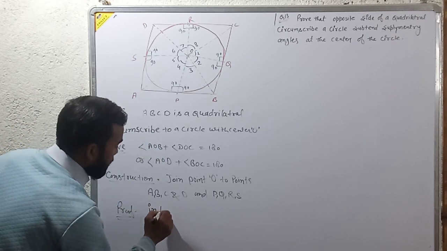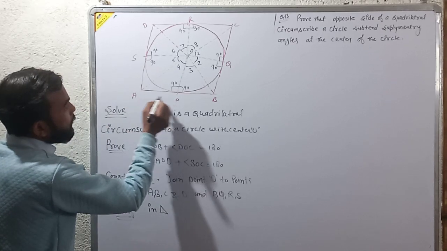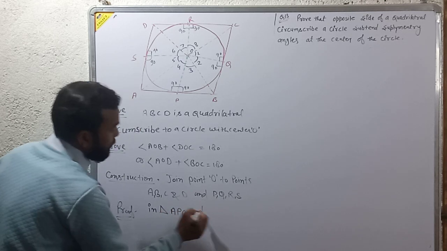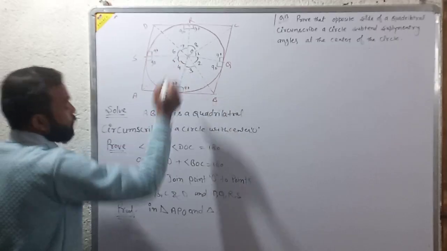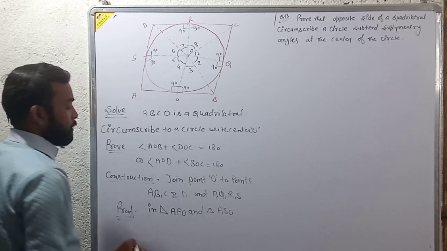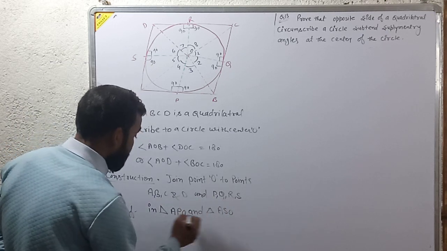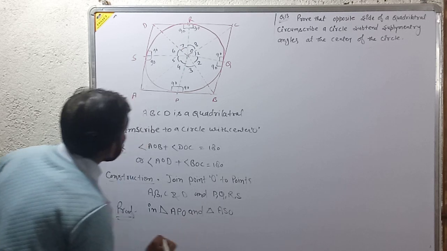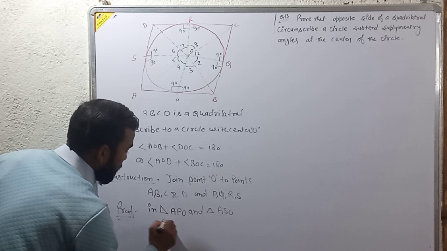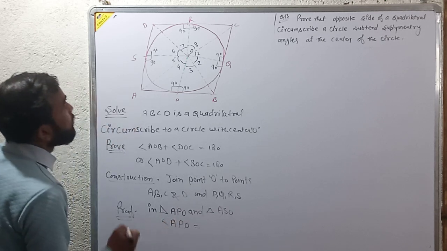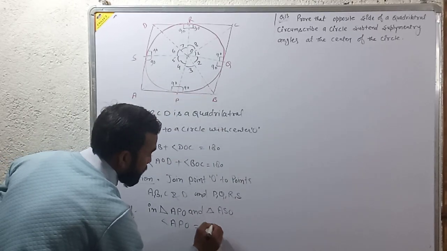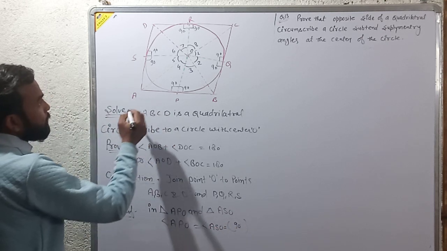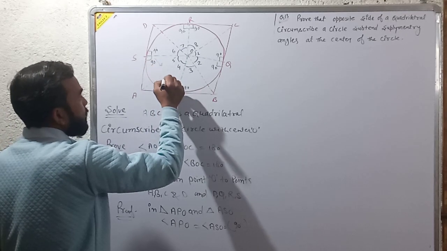So in right angle triangle APO and triangle ASO, we have angle APO equal to angle ASO, equal to 90 degrees each, and this is the hypotenuse and this is the hypotenuse.